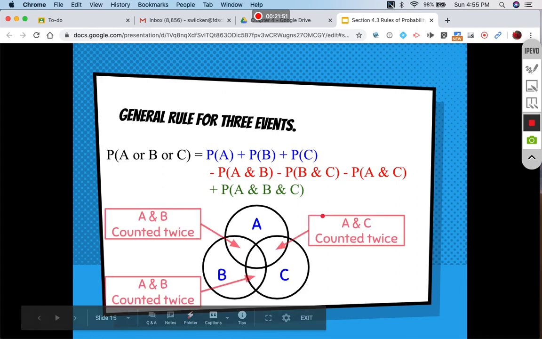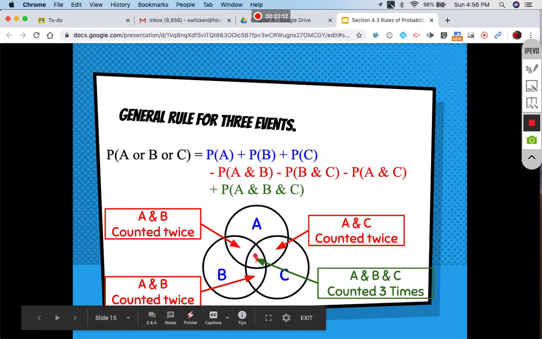But you notice, between A and B, these values are counted twice. So we have to subtract that intersection. A and C, these are counted twice. We subtract that intersection. B and C, these are counted twice. We subtract that intersection.